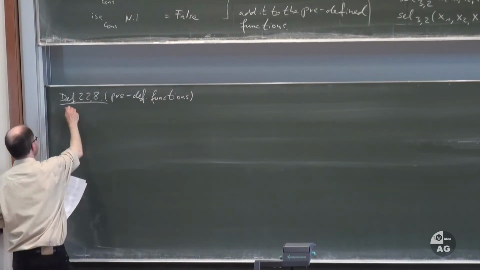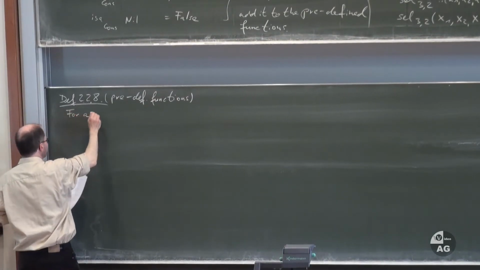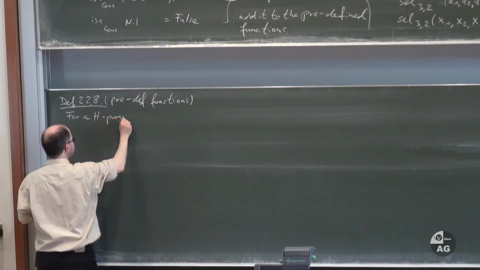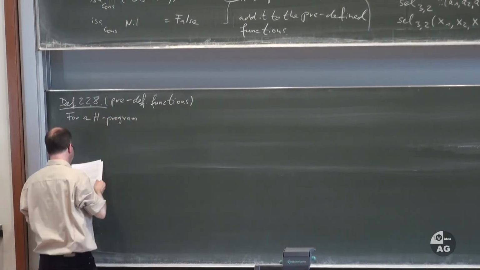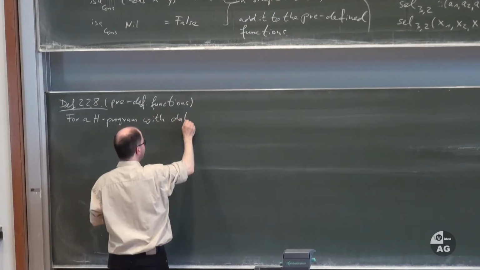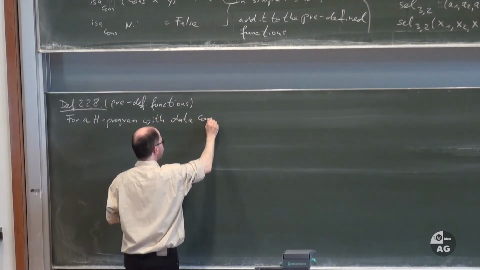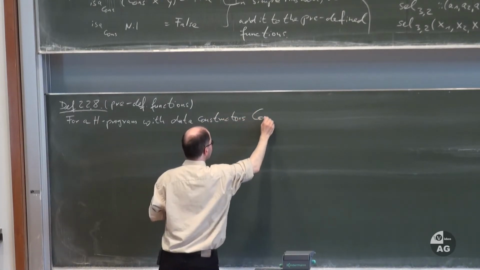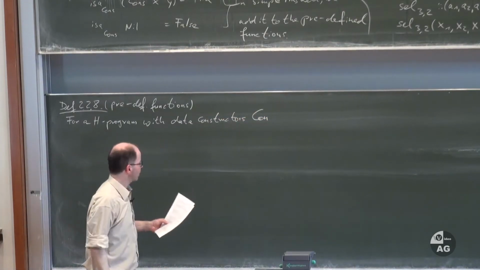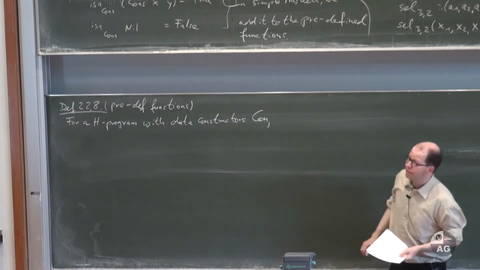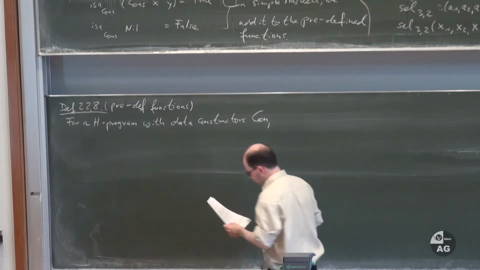Okay, so for a Haskell program with the data constructors con, the following functions, namely the functions on the slide, are considered to be predefined.